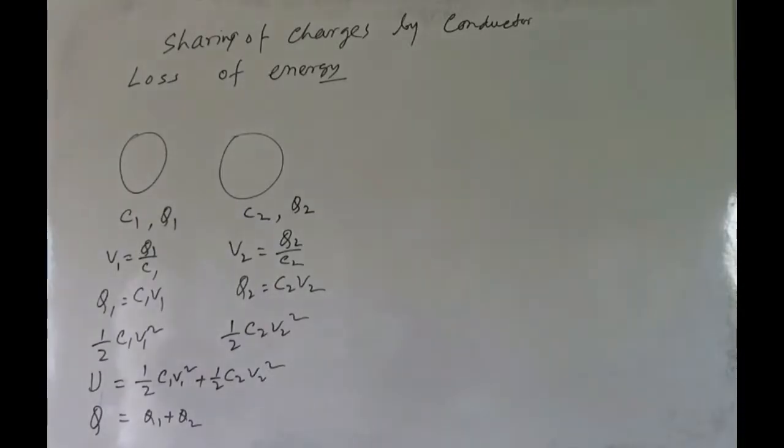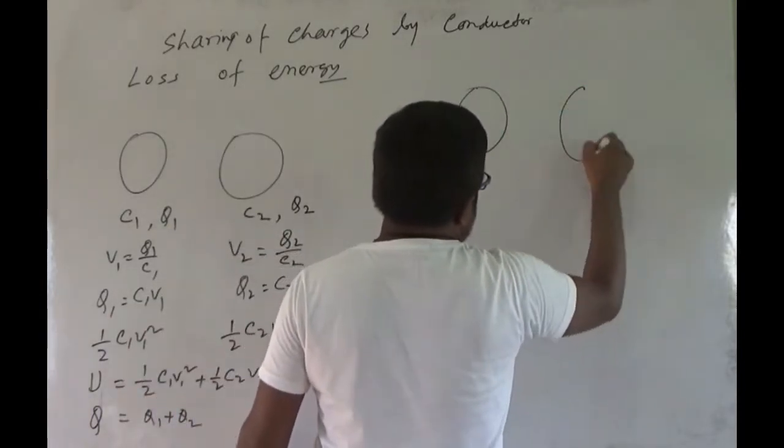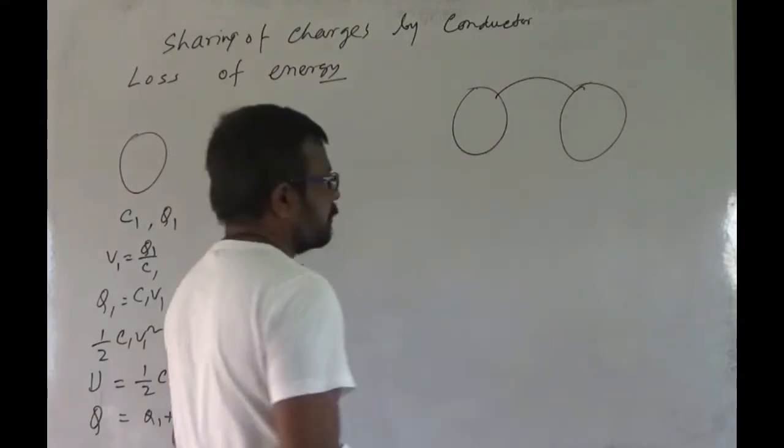Now these conductors are connected by a metallic wire. Let us connect these two conductors by a metallic wire.